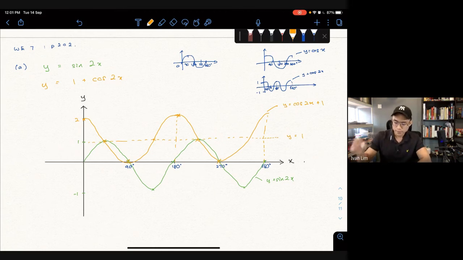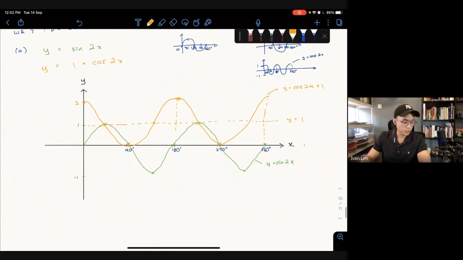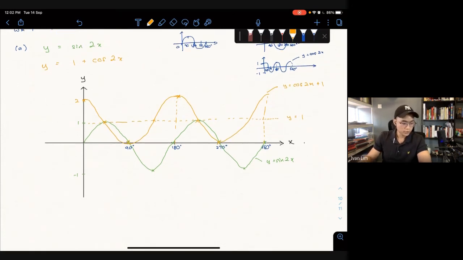Okay, so now we did question A already. Question B, state the number of roots of the equation. They straight away put sine 2x equals 1 plus cos 2x. You all need to recognize this equation. What are they actually doing here? Sine 2x equals 1 plus cos 2x for 0 degrees to 360 degrees.